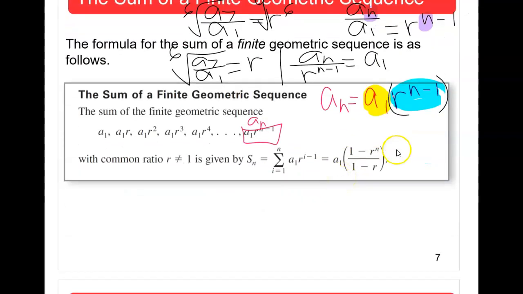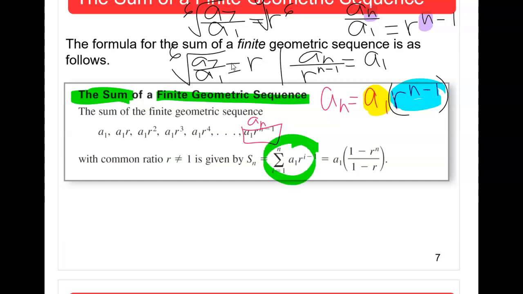All right, so going back to the new objective, the sum, the addition of a finite geometric sequence. The formula for that, and here we could see it in the sigma notation, goes from the first term to the nth term, and of course every single term is found that way.